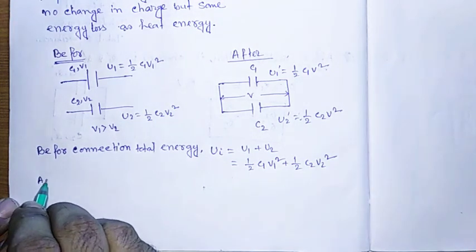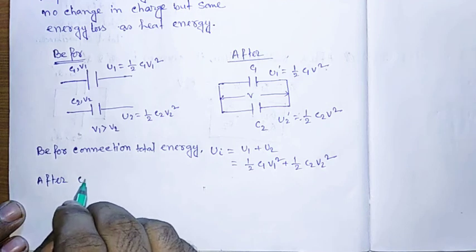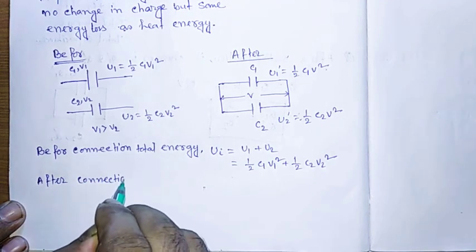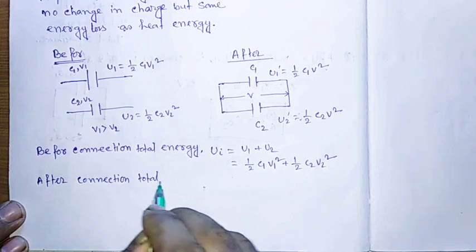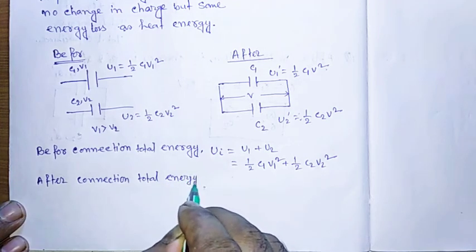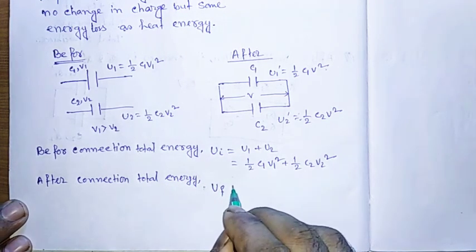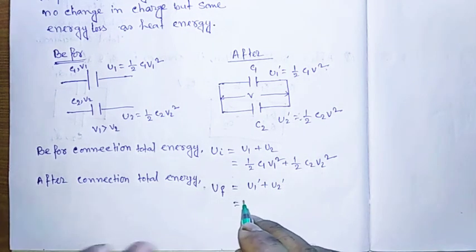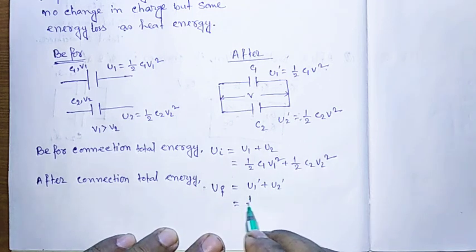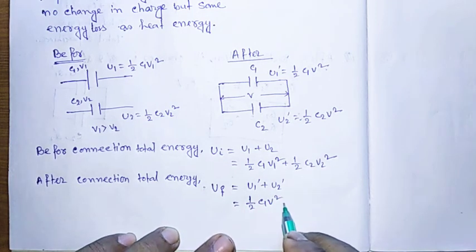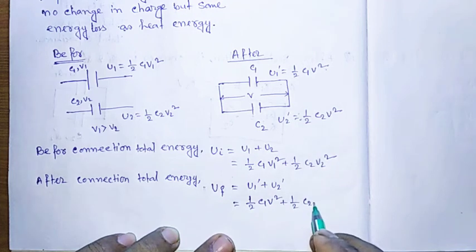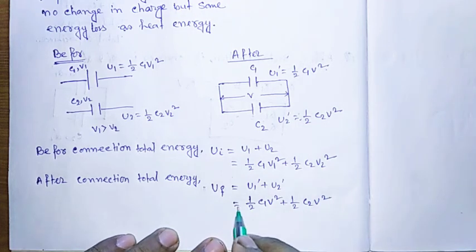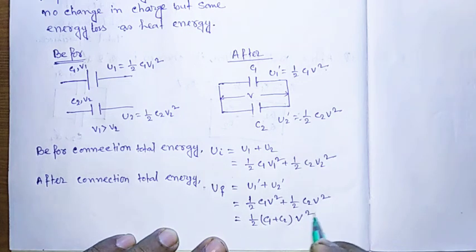After connection, the total energy Uf, the final energy, is equal to U1 dash plus U2 dash. It is equal to half C1 V square plus half C2 V square. It is equal to half (C1 plus C2) into V square.